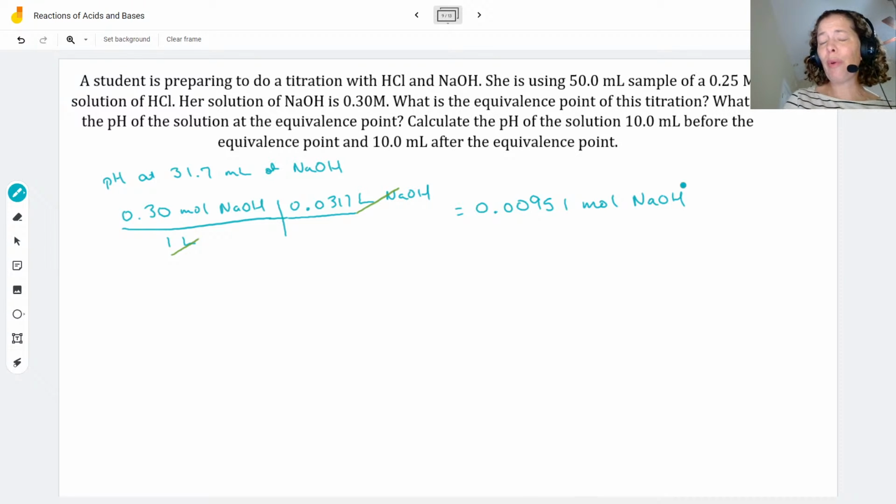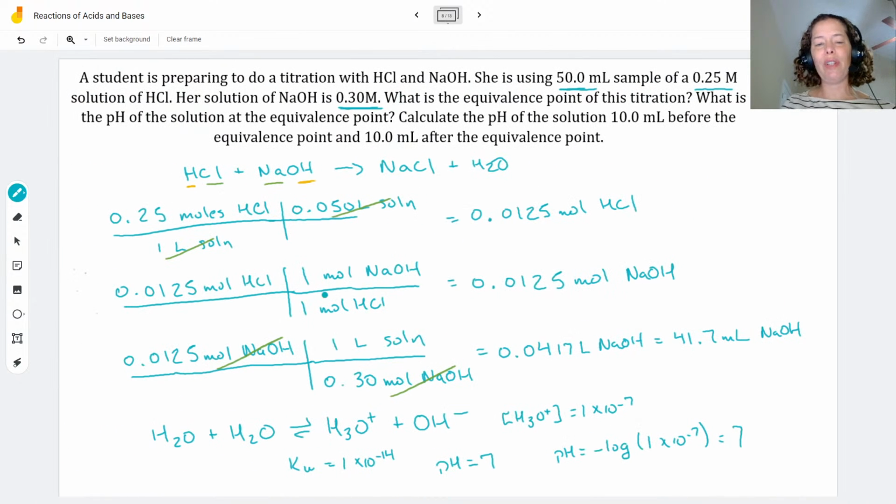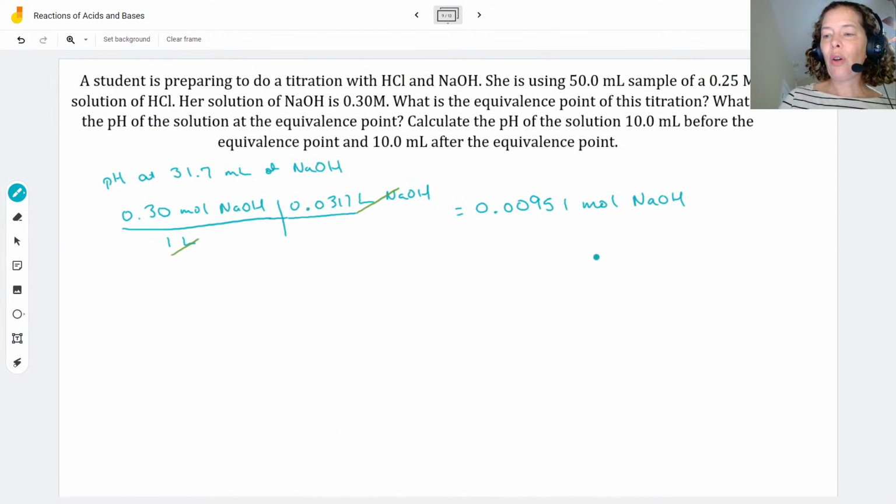All right, so remembering again from our previous problem, this is how many moles of hydrochloric acid I have started with. This is my sample. So I have 0.0125 moles of hydrochloric acid. Writing down, let's definitely get our balanced chemical equation written on this page.